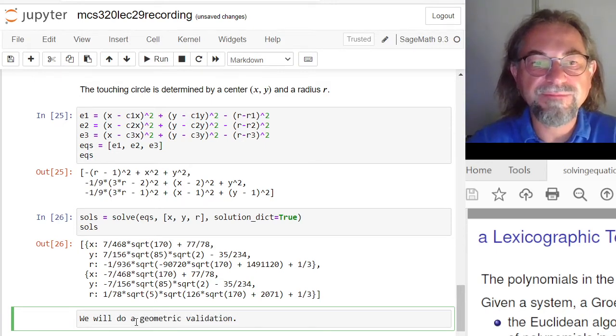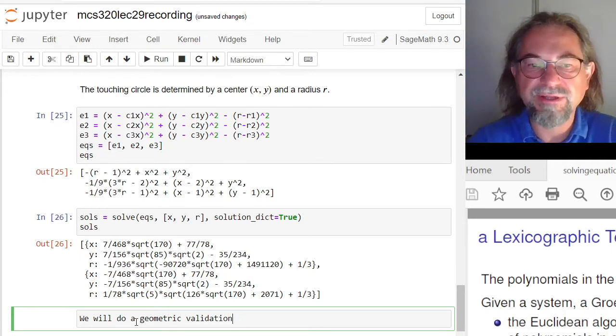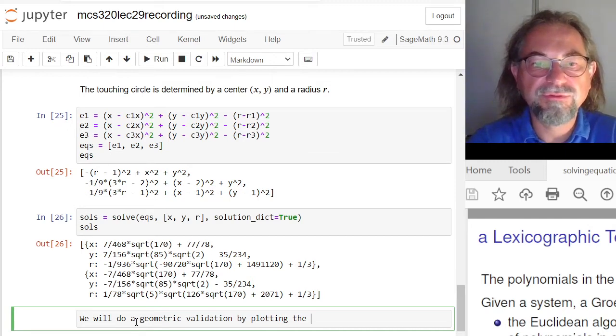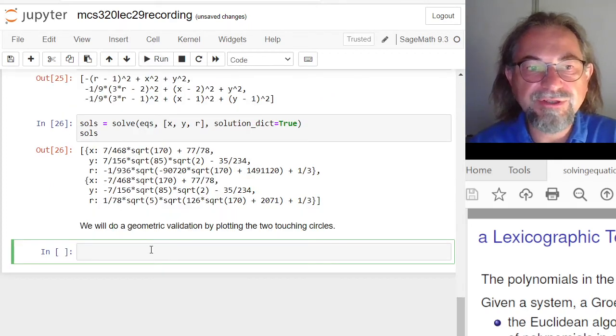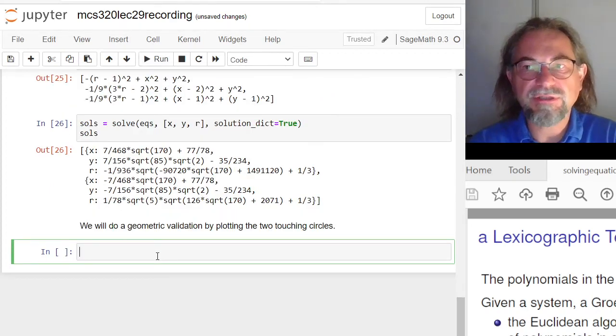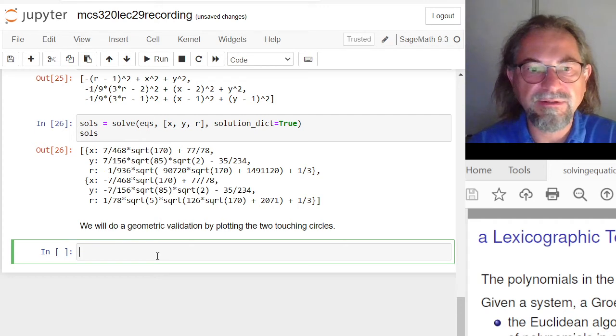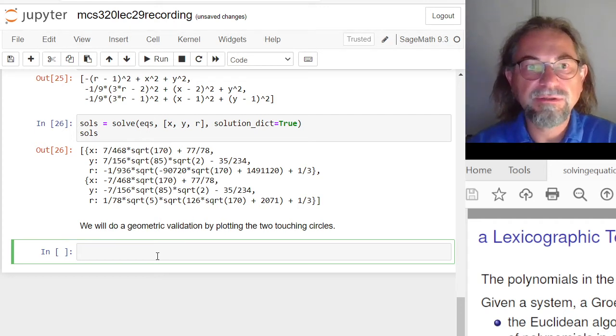So there is verification and validation by plotting the two touching circles. Validation has a stronger connection, and if that is possible, then this should be done.